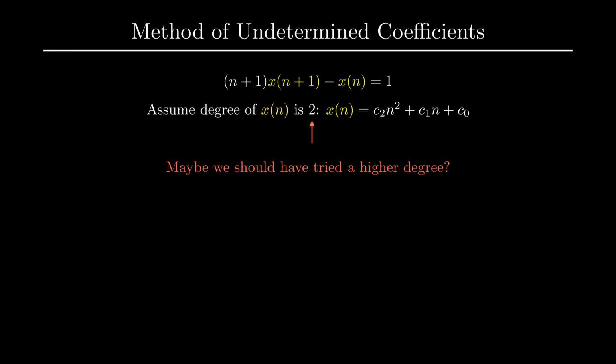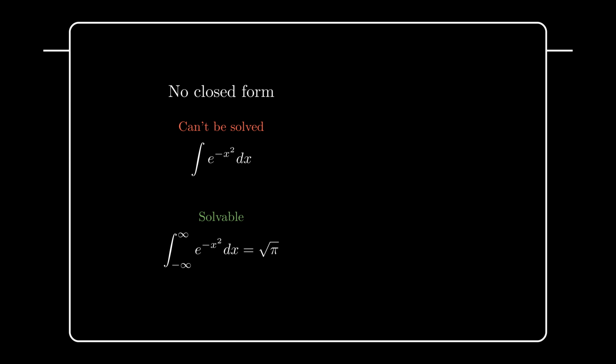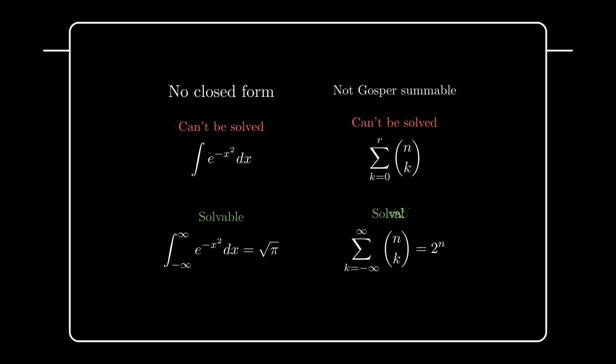Those of you familiar with calculus might remember that some indefinite integrals can't be solved, even though the definite integrals can. Sometimes this happens with the discrete cases too, like with this identity. Even though a definite sum over all of the integers is possible, an indefinite sum over any number of terms is not. In cases like this, Gosper's algorithm does not give us a solution.